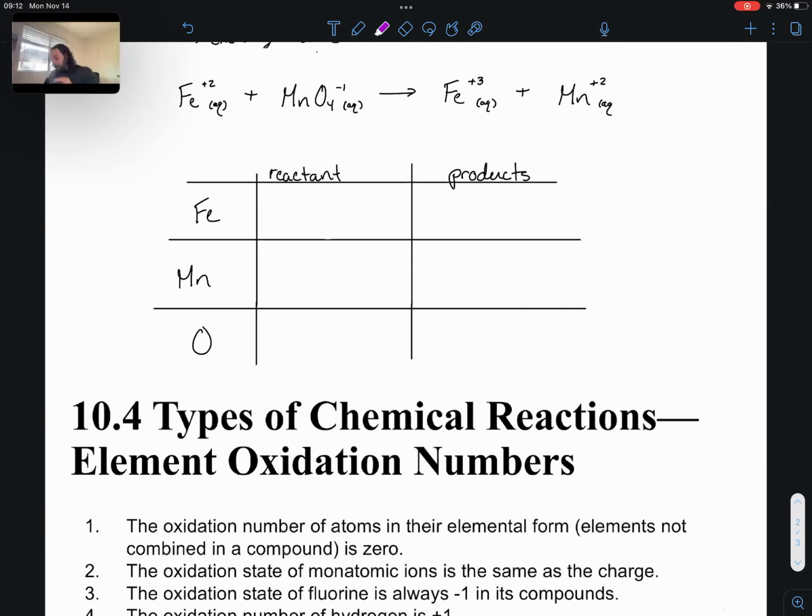All right, and then we'll do our first iClicker for this box right here. You're going to tell me what iron's oxidation number is on the product side for our first iClicker question of the day.